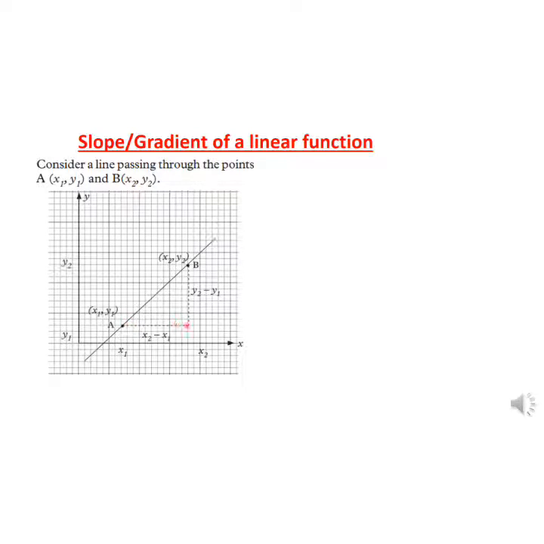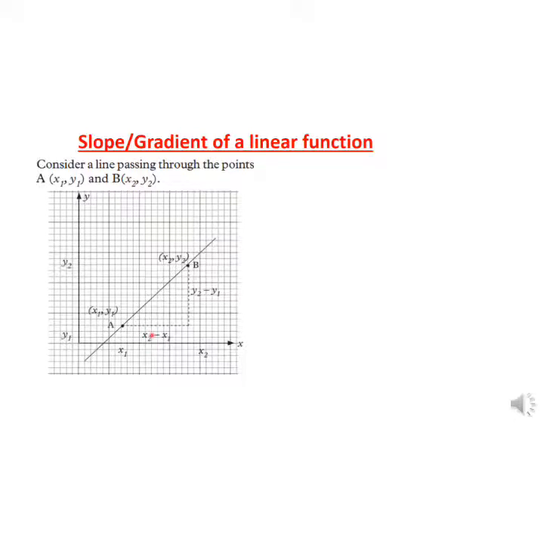From here up to here is the change of y coordinates. From this point to this point is the change of x coordinates.